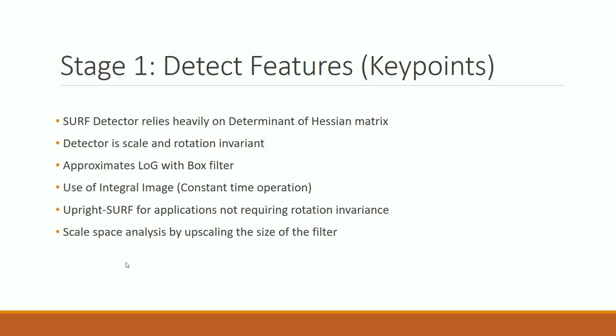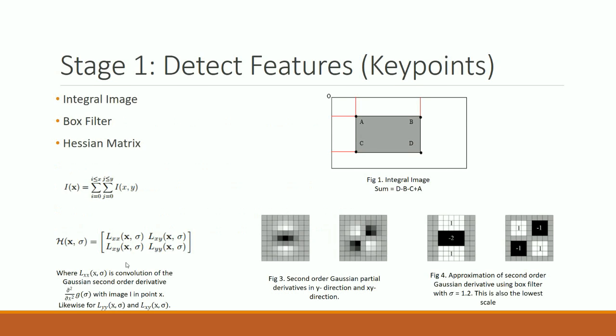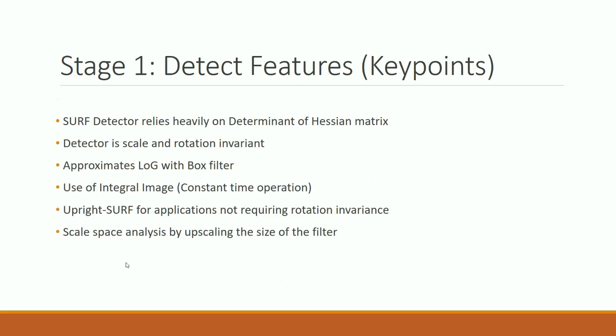Also, there are two versions of this SURF algorithm. One is the upright version, which we can use where we do not want rotation invariance. For this project, we wanted rotation invariance, so we have used the normal version of SURF. And the scale space is done by upscaling the size of the filter.